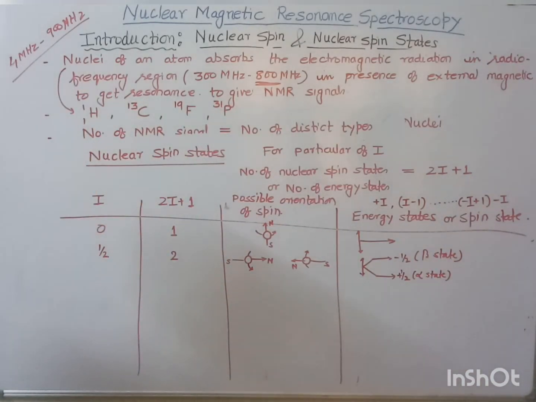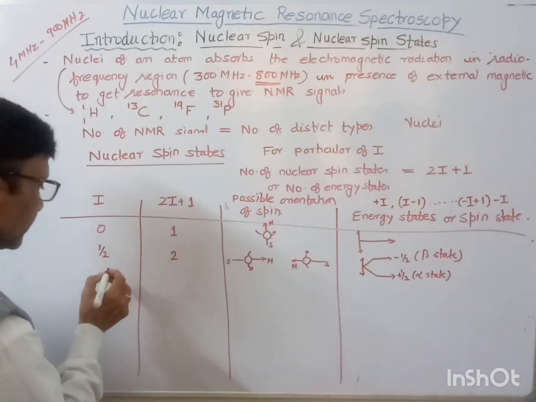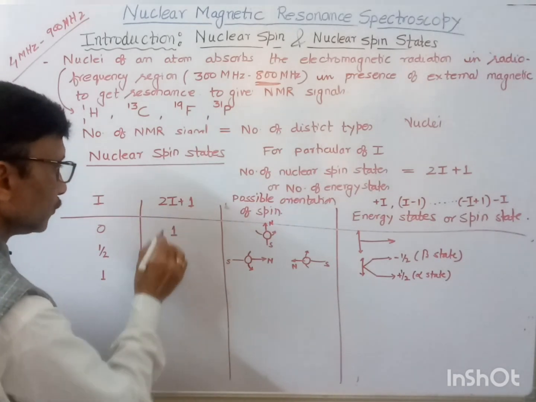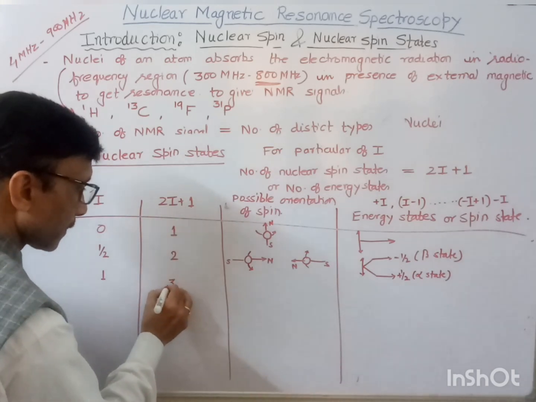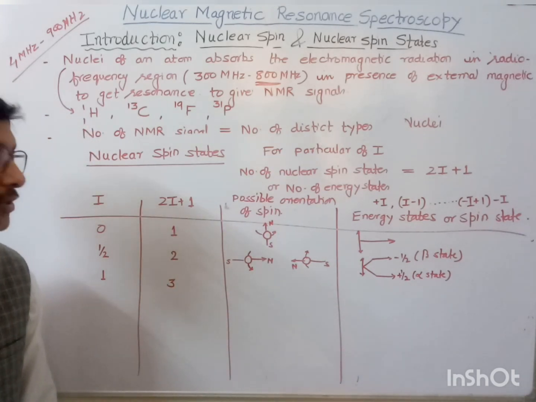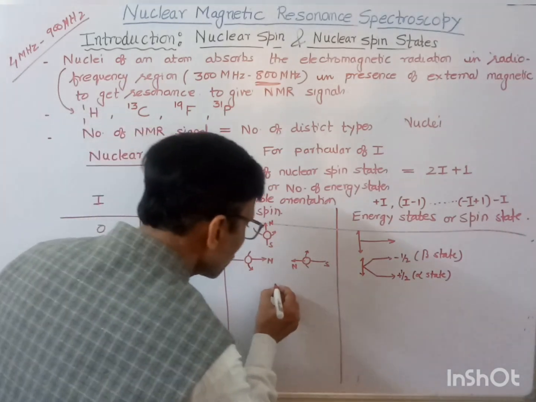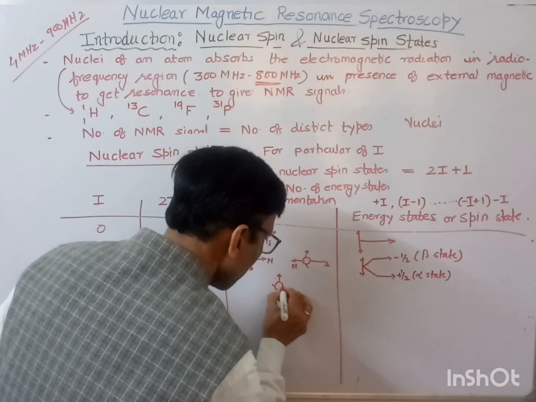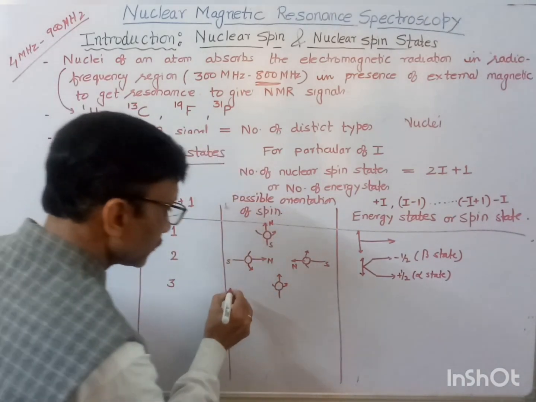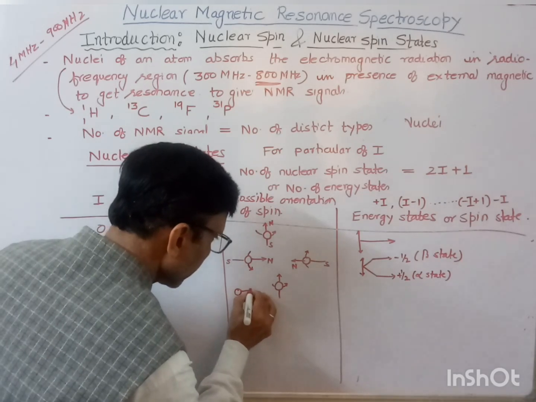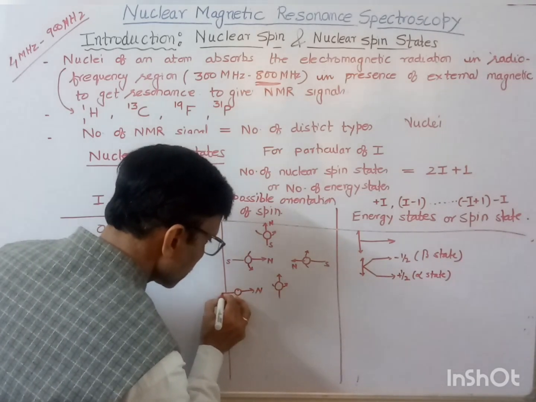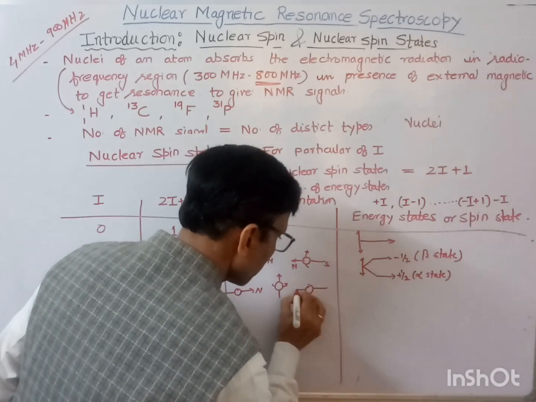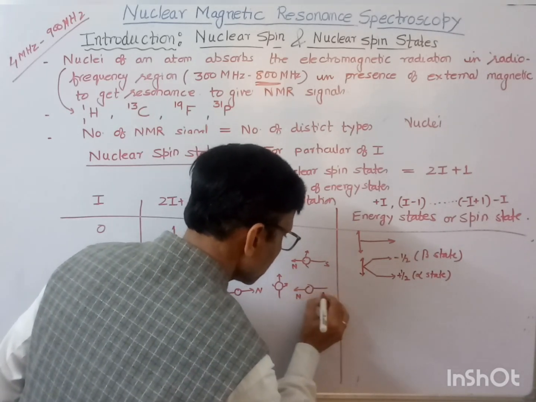Okay, now in the same way, suppose I is equal to 1, then the 2I plus 1 value is equal to 3. So what are the three possible orientations of a spin? Suppose this would be one possible orientation, and this would be another orientation, north, south.